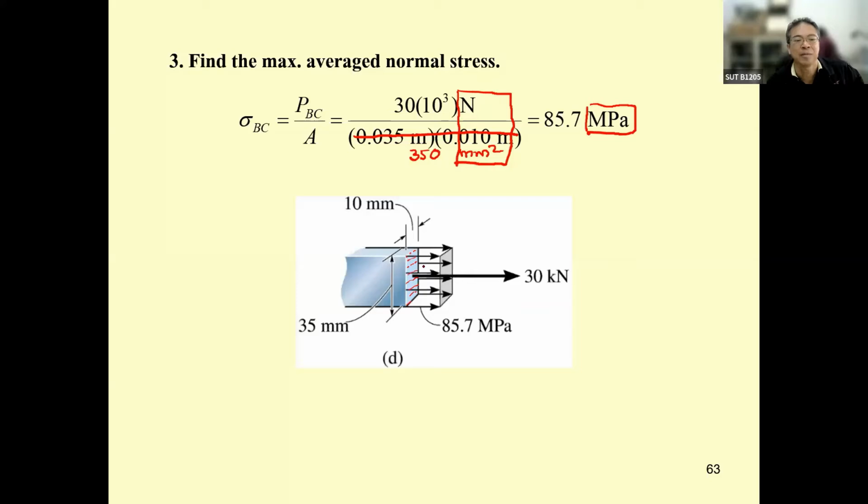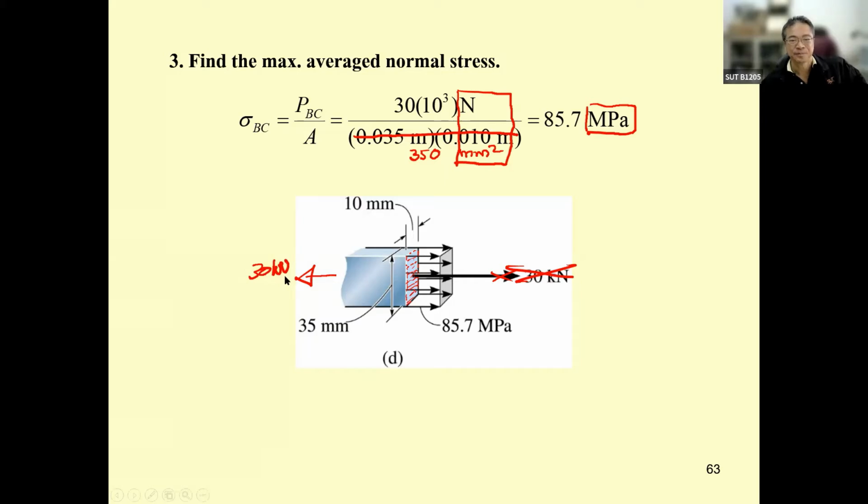Okay, that means due to the axial load, and the steel being isotropic and homogeneous, the stress is going to be here. There is no force here. Okay, this is unreal. The real thing is here. Actually, this stress is due to the force of 30 kilonewton like this.